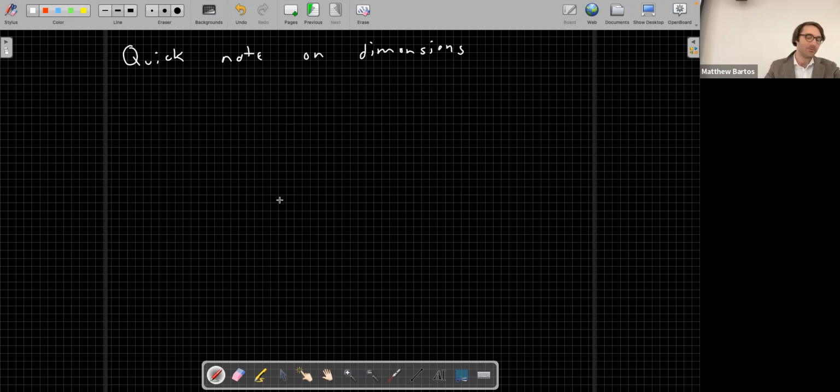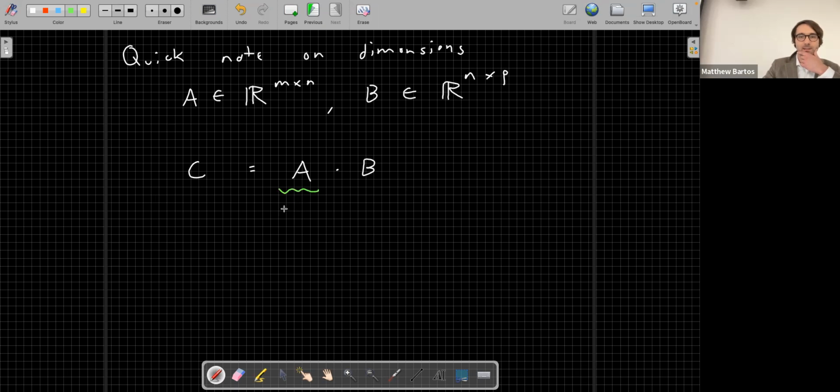Let's say we have A multiplied by B is equal to C, and we have that A is in R^(M by N), and B is in R^(N by P).